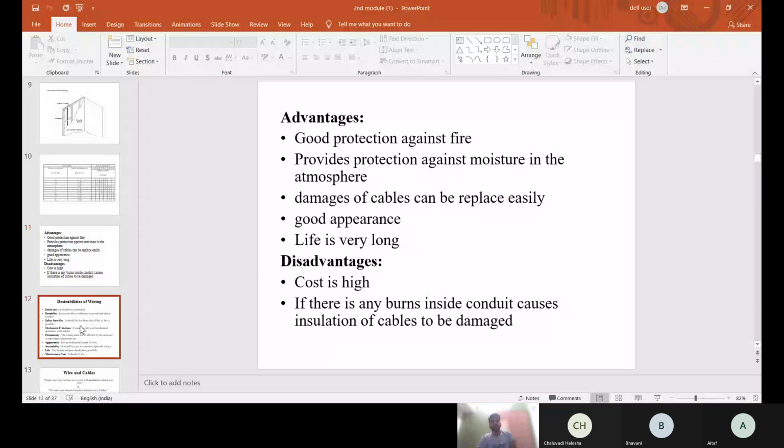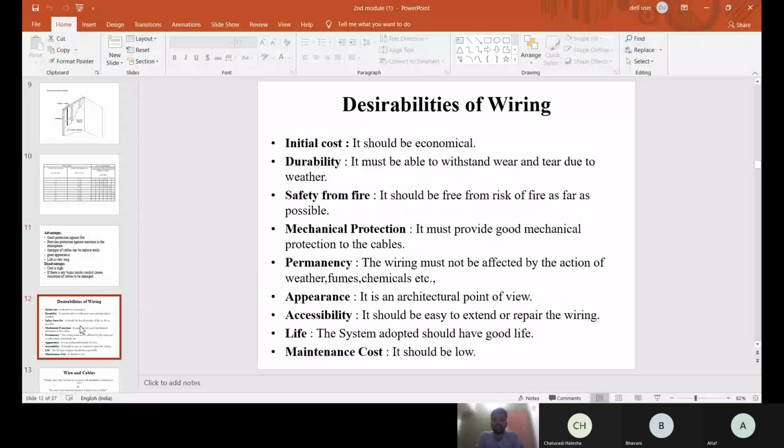And the next thing is, what are the most desirable qualities of our wirings? First is the initial cost. The wiring which we are going to select should be economical, so the initial cost should be minimum. And durability, that is how long the wire stays. It must be able to withstand wear and tear due to weather. So desirabilities of wiring means the qualities that our wiring should have.